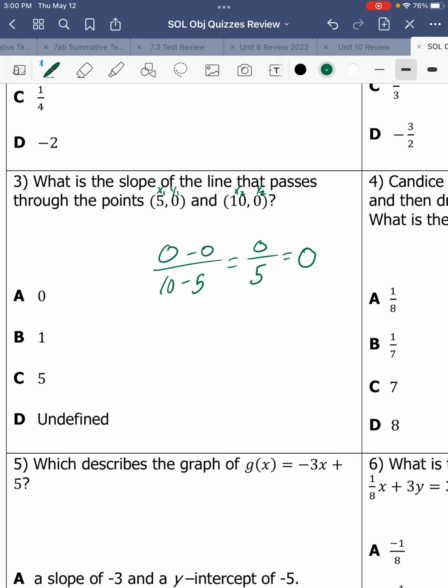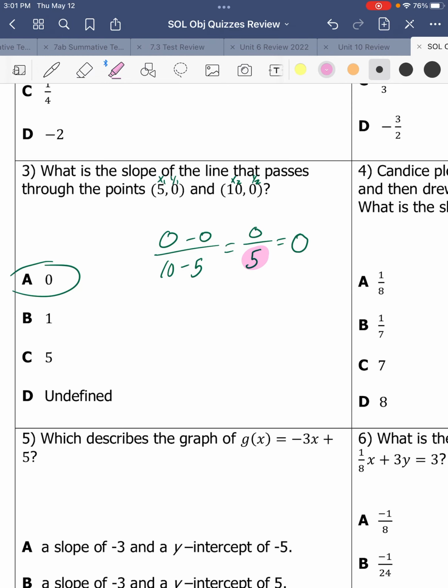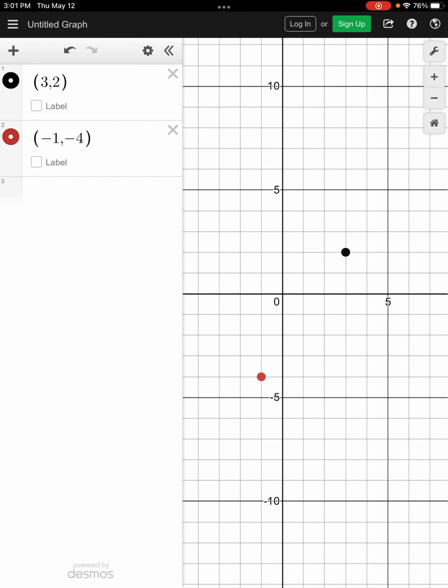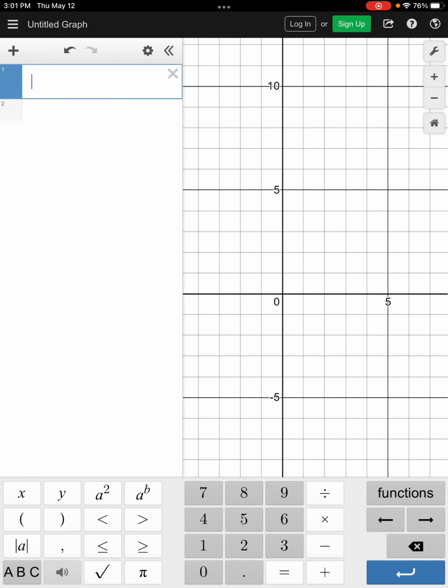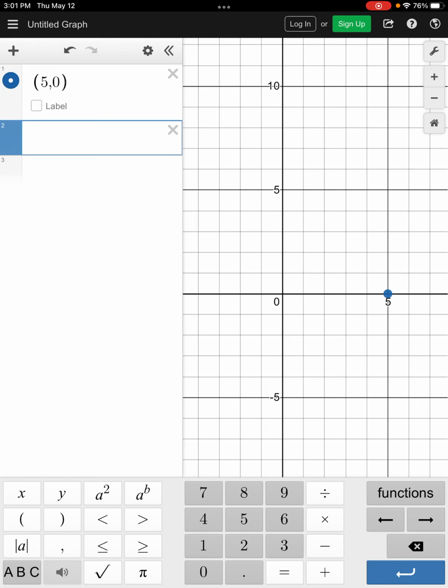The one thing is you cannot divide by 0. So this would not be undefined. If the denominator was 0, then it would be undefined, meaning you can't divide by 0 in math. That would be a vertical line. And if we're going to do this on Desmos, 5, 0, and 10, 0.